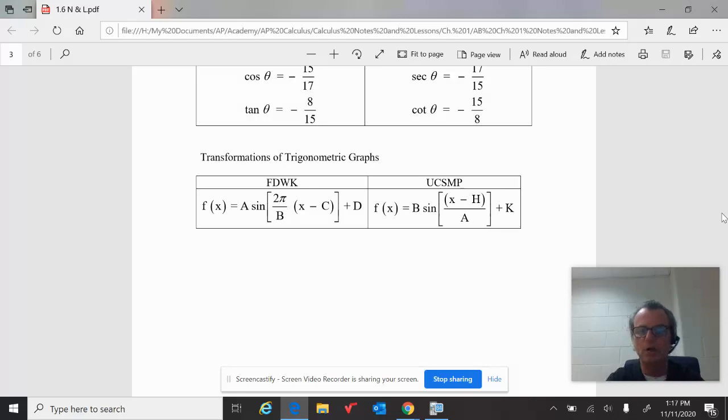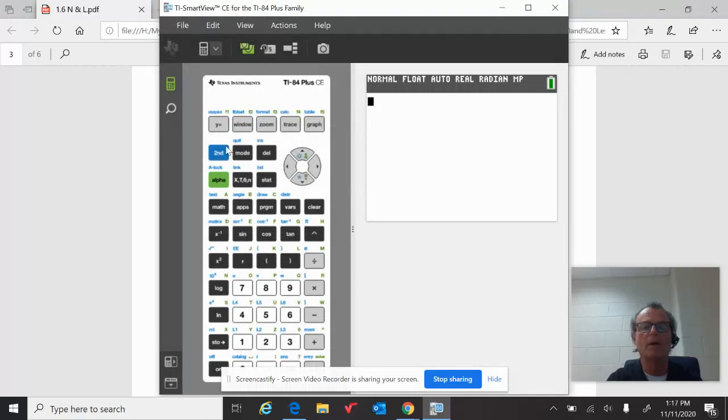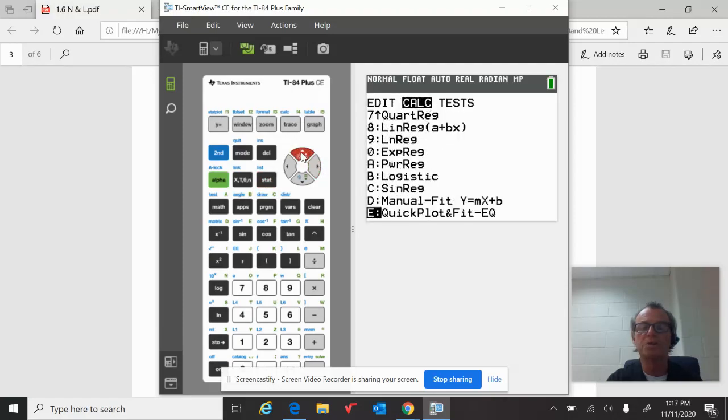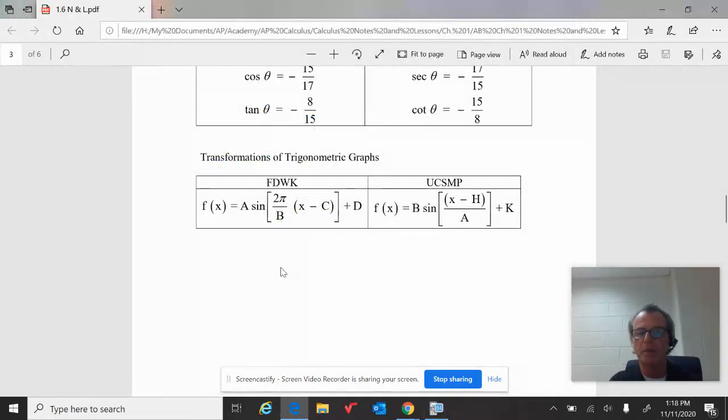On the calculator, if you go to Stat, Calc, you will see sine regression here. In regression, it's like Jeopardy. You tell the calculator the points on the curve, and it'll fit a sine wave to that. But this won't make any sense to you because they're using values that are not familiar to you, how we learned it from the Chicago book.